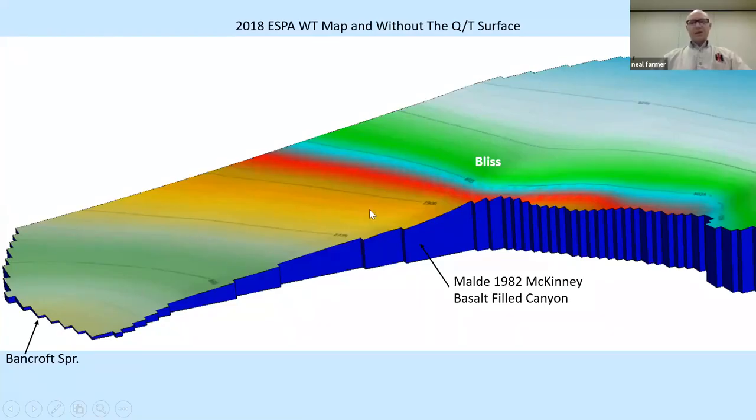And so at this point in time, it's my sense that Bancroft Springs is not part of the ESPA, and that there's more evidence that supports that it's not part of the ESPA system and therefore not part of the model domain in this area, and that we really need to take a hard look at investigating this area better to include it or exclude it from modeling exercises, and also understanding Bancroft Springs more in its character and whatnot for other reasons like endangered species and stuff like that that are in the canyon.